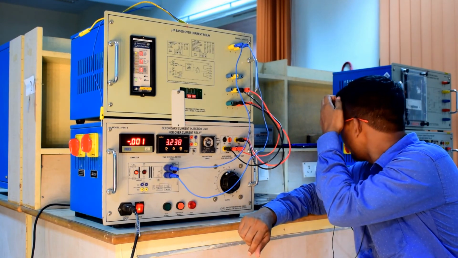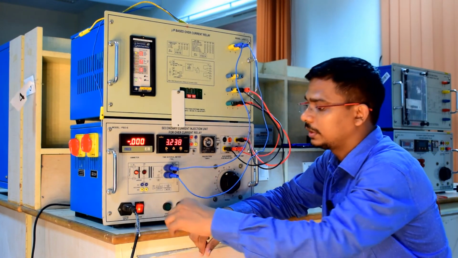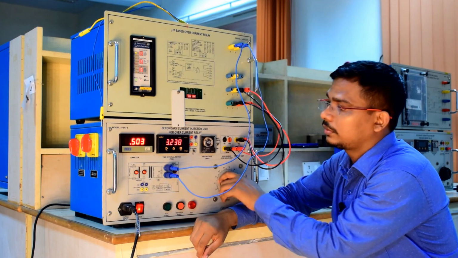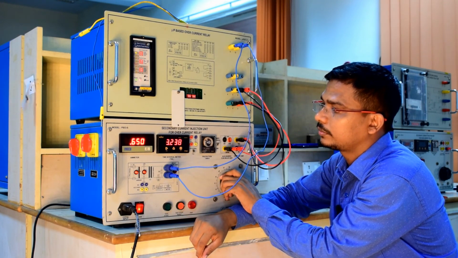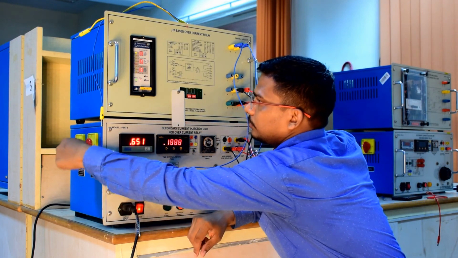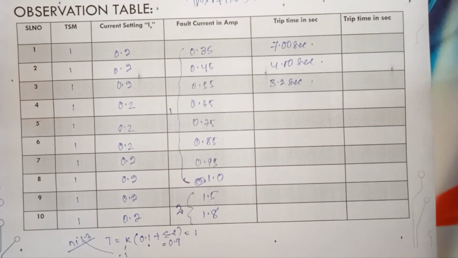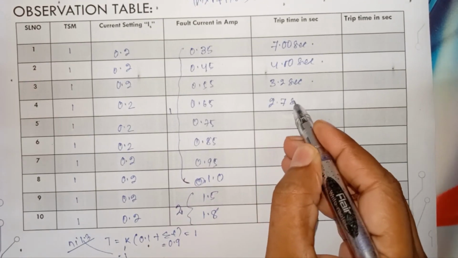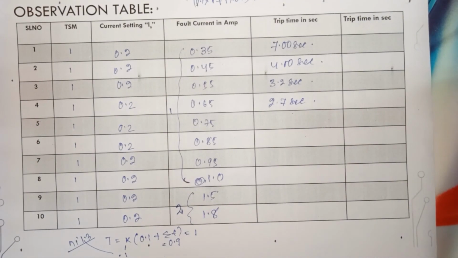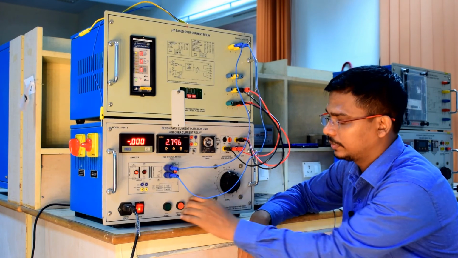So we have observed 0.55. Now it will be 0.65. So turn on and we apply 0.65. We observe 2.7 seconds. Our next observation is 0.75.